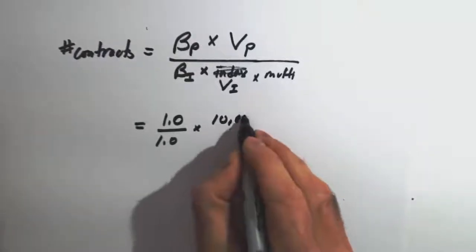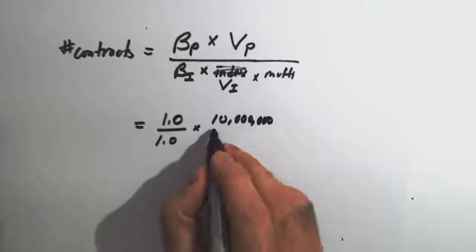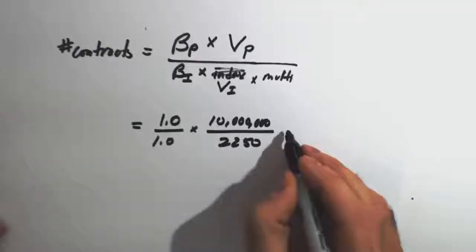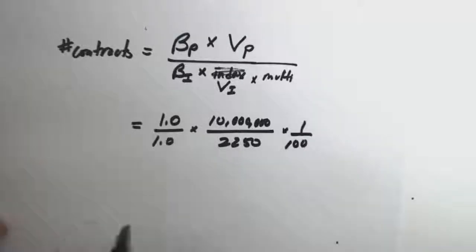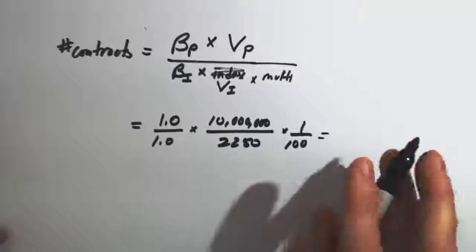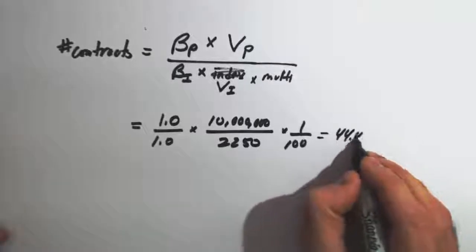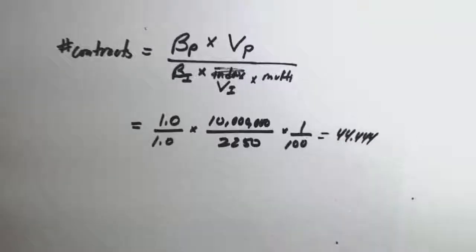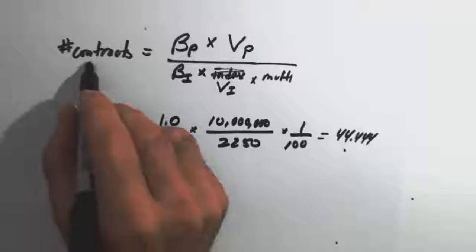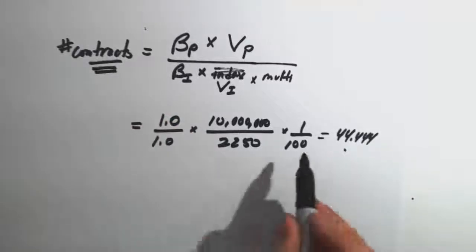The value of the portfolio is 10 million. The S&P is 2250 when we implemented this, and we had a multiplier of 100. And so what that translates into is 44.444 contracts. That's the number of put contracts we're going to need.